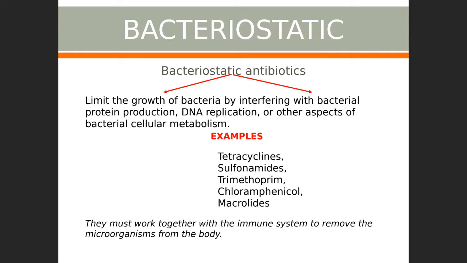Thereby, they limit the growth of the bacteria. Examples are tetracyclines, sulfonamides, chloramphenicol, etc. As I said earlier, these bacteriostatic agents have to work with the immune system of the body to remove the microorganisms from the body.